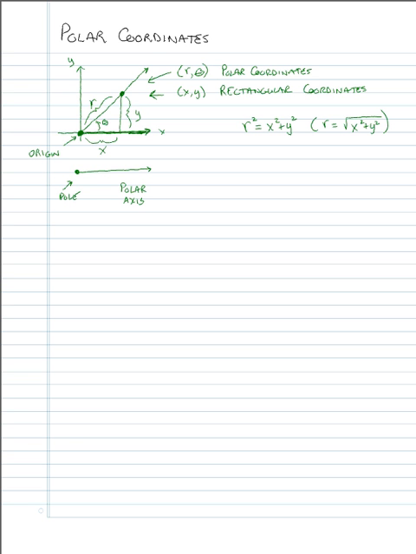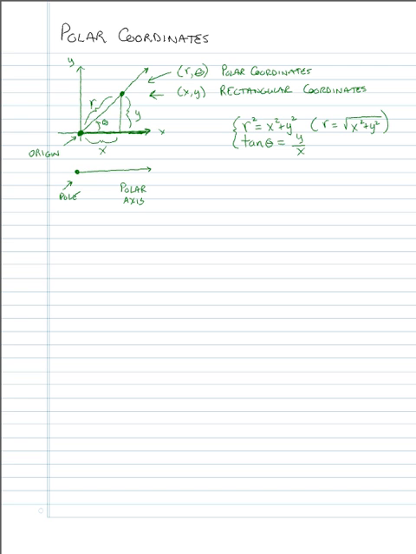And if you recall, r may be negative sometimes. We'll see that later on. Another thing we could say is that the tangent of the angle theta, in a right triangle, is opposite over adjacent. So the tangent of theta is y over x. Those are two important pieces that go together.